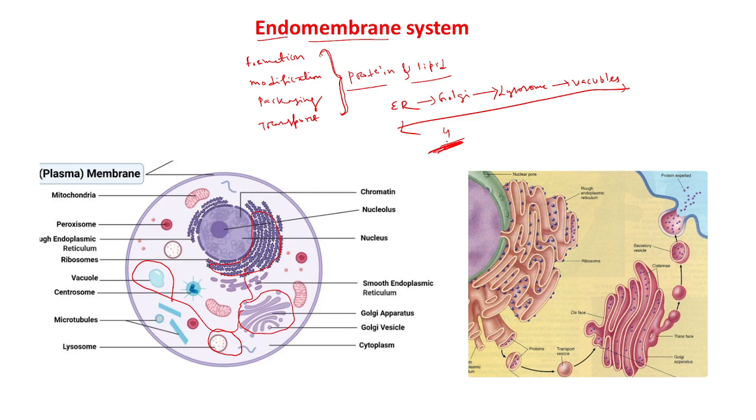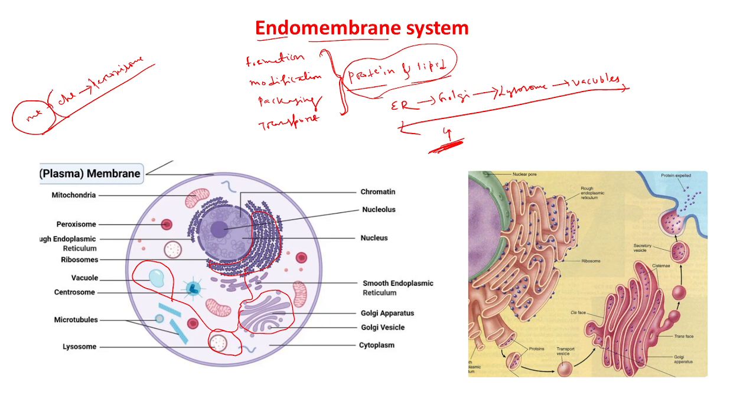Why these organelles? Because these four organelles are coordinated in the formation of protein and lipid and their transport, of course. Other organelles, for example mitochondria, chloroplast, and peroxisome, are also present, but they have different functions.